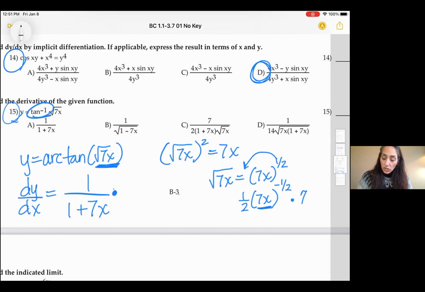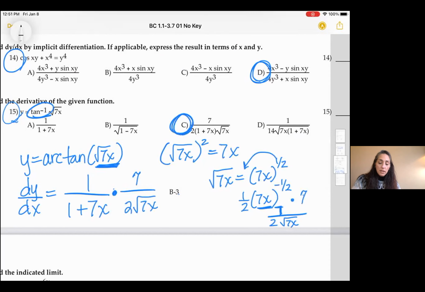So this would actually be 1 over 2 square root of 7x times 7. We could just put the 7 in the top. So this would be 7 over 2 root 7x. Which, if we look really carefully at all of the choices, is going to be C. Okay, so don't forget to do the chain rule for that one. All right, so that was 10, 14, and 15.